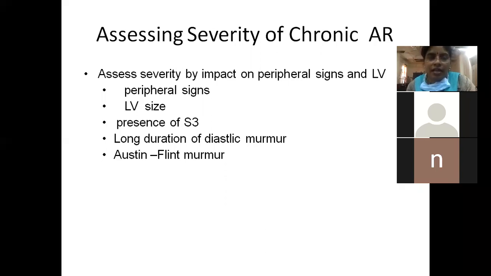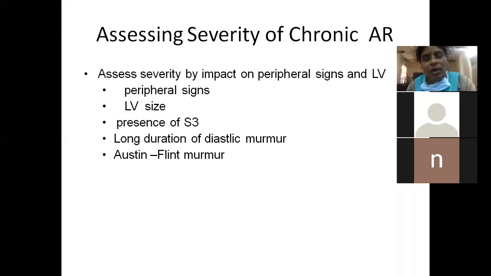Then left ventricular size, assessed by the shift of the apex: a diffuse apical impulse with the apex shifted out and down shows there is severity of the AR. And the presence of S3 or S4 again shows there is left ventricular systolic dysfunction.